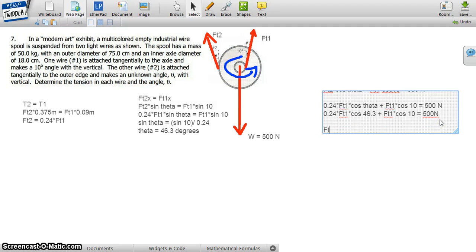So that means Ft1, because I can factor it out, must be equal to 500 divided by the sum of those cosine terms, which gives 434.5 newtons.